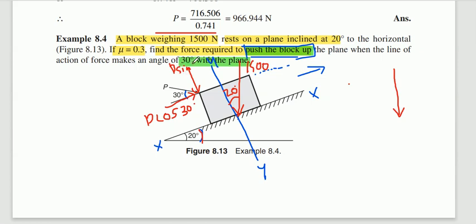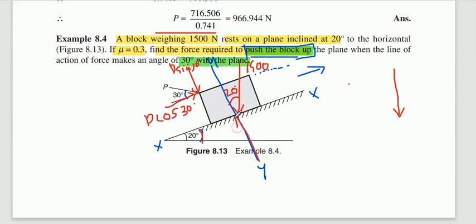P sin 30 is the vertical component, because whatever force is acting on the block is not horizontal, it is inclined, therefore we need to resolve the forces. So the weight of the block is done and the inclined force is done, and we know that there is always a normal reaction perpendicular to the plane.